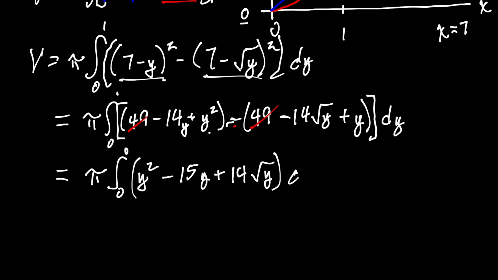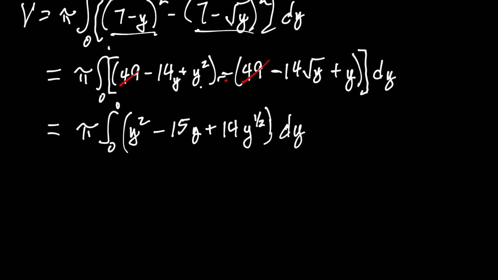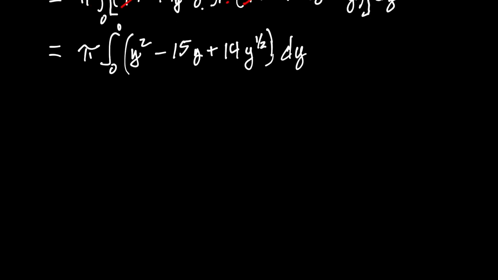So in order to integrate, I probably should have written this term with a fractional exponent. So I'm going to go ahead and do that, y to the 1/2 power. So now we're going to integrate.